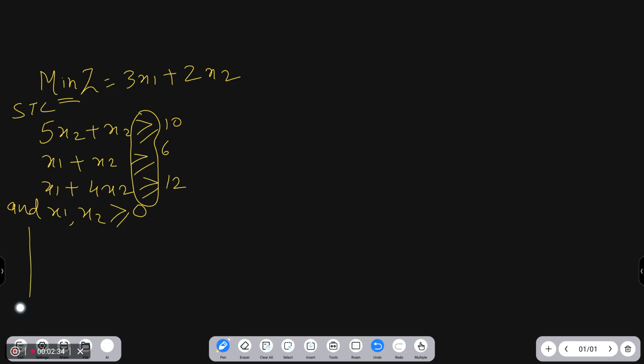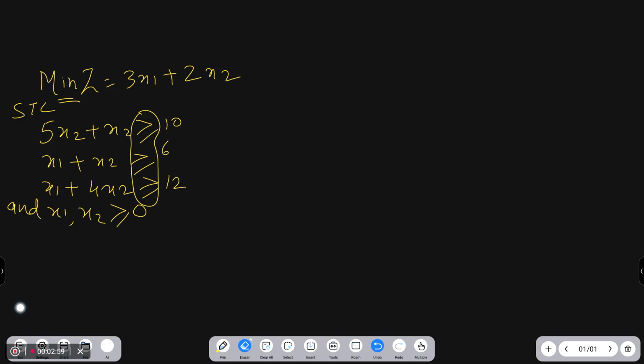My feasible solution I will get somewhere completely opposite to the origin. In the last lecture, I explained what happens if the nature of the problem is like this, and where the region is going to be.